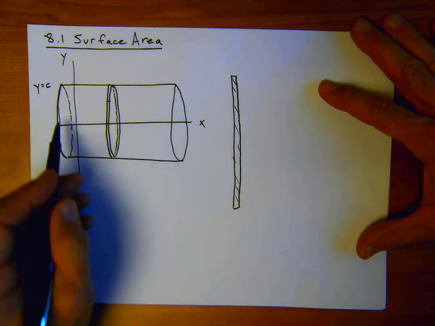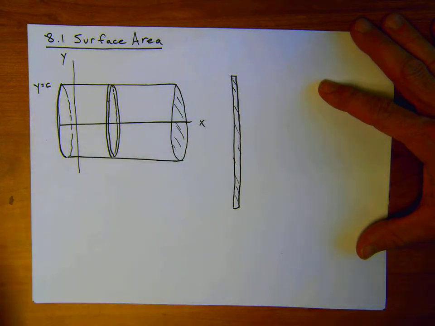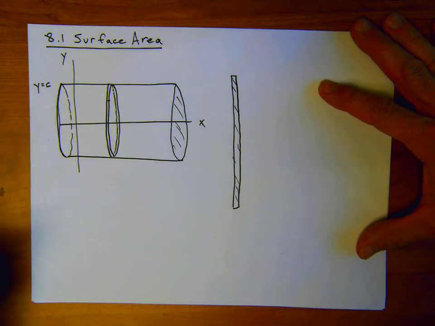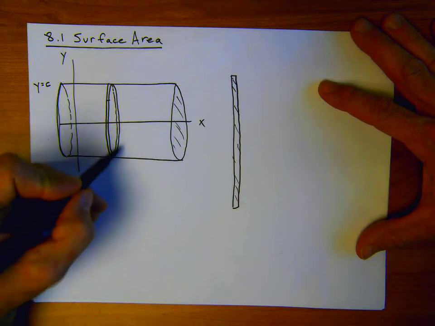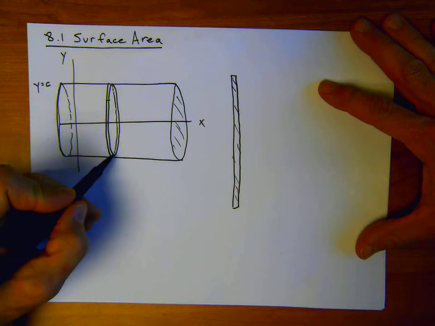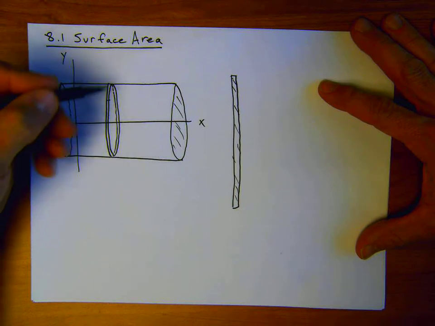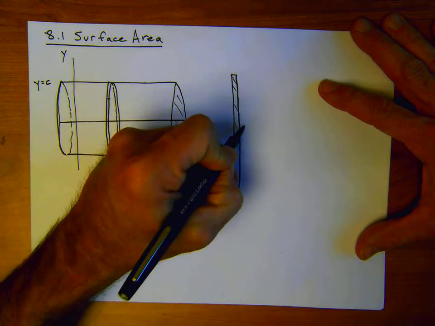In this case, it isn't open, there are no ends on it, so we don't have to worry about the surface area on the end. Let's first think about the distance around. Well, that's just the circumference, right? If we cut this and unfolded it this way, then the circumference would be the long side, and that would be 2 pi r.